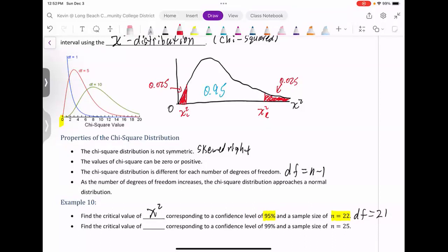And we will need the table for that. Before we do that, I want to make it clear that a chi-squared distribution table only uses area to the right. So how much area is to the right of my chi-squared left? Well, that's 0.95 plus 0.025, which is 0.975. And my degrees of freedom in this case are 21.